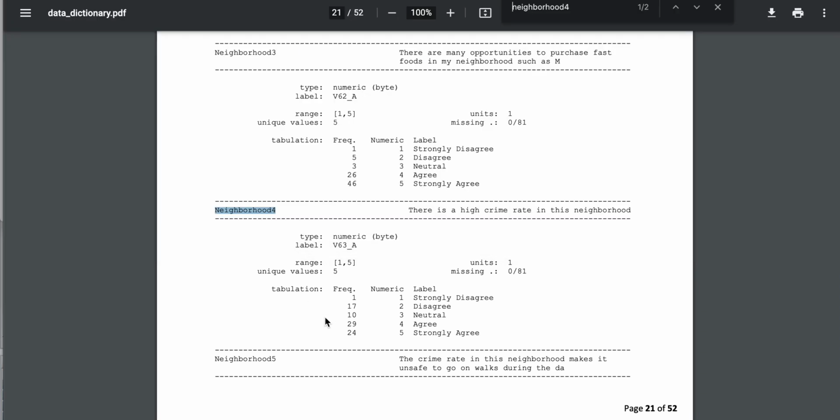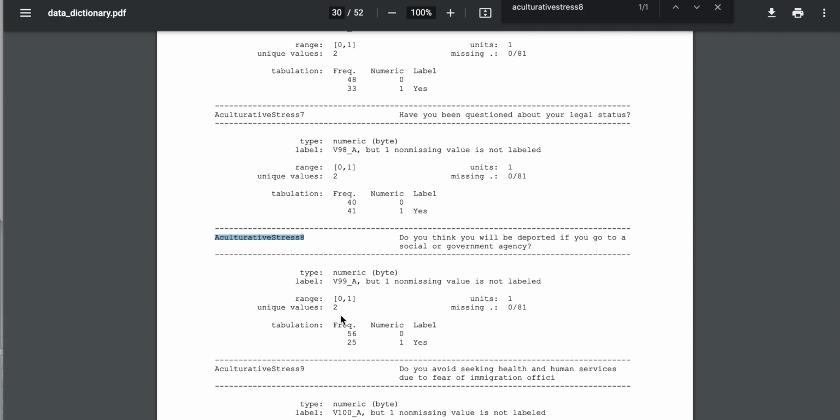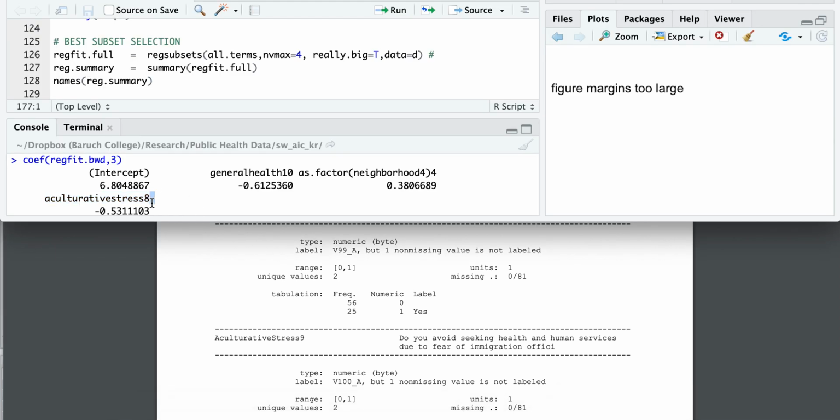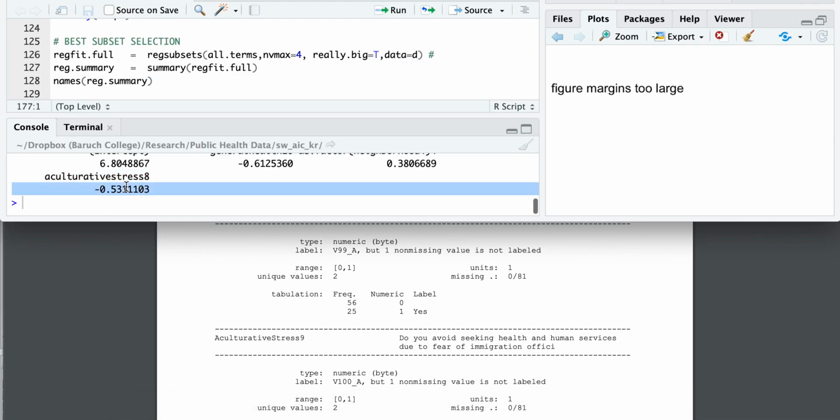Acculturative stress 8: do you think you will be deported if you go to a social or government agency? Those who say yes, compared to those who say no, have less blood sugar. So the results point all over the place, but this is where we start, and these are the things we have to investigate.